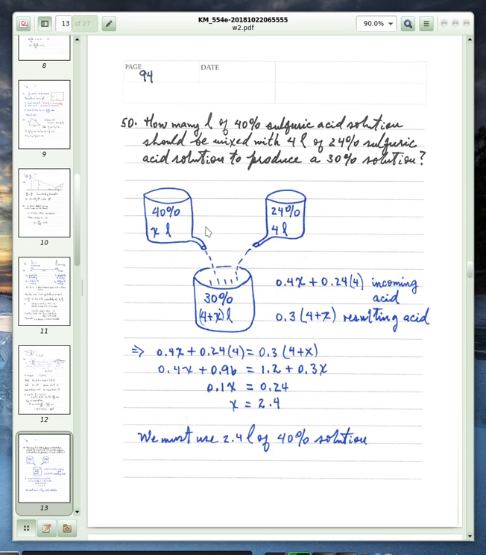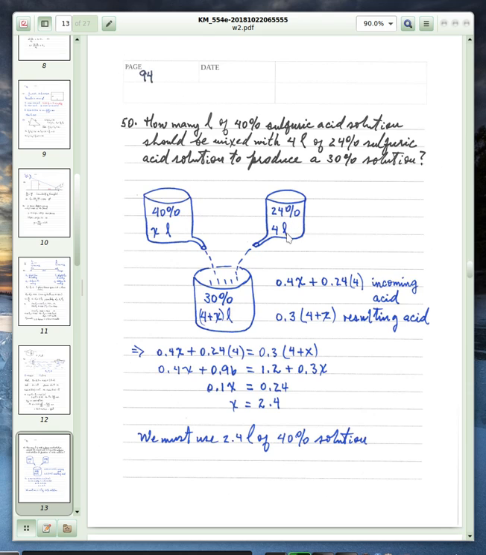Let's follow the amount of acid that is being poured into the big container where we are going to create the new solution. If we use X liters of the 40%, then 0.4 times X is the amount of acid coming from this container.